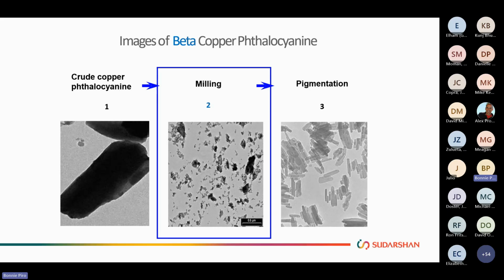So going back to that same slide, the same crude phthalo is used. After that milling step, you see a lot of coarse but much finer particles that are created during that milling process. And then ultimately at the very end, the pigment crystals still look very similar to the alphas in that rod-like shape.